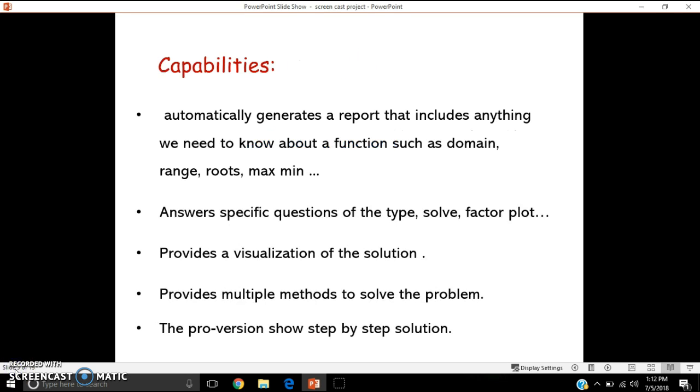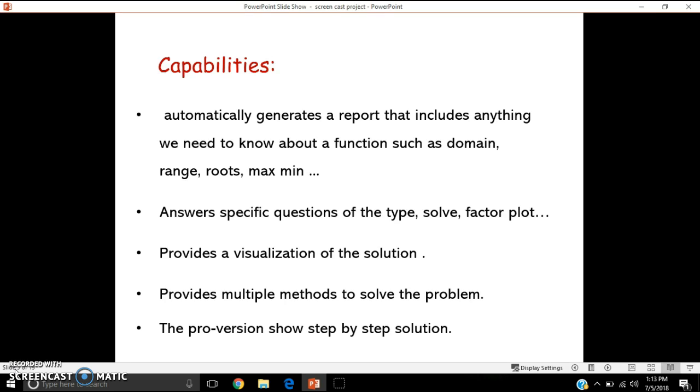Wolfram Alpha has many features in different fields, but the best thing about it in math is that it generates automatically a report that includes everything we need to know about a certain function, such as its domain, range, roots, and other stuff. In addition, you can ask Wolfram to answer a specific question of the type solve, factor, or plot a certain function or equation.